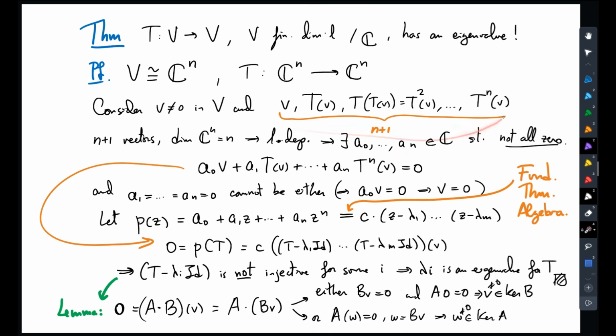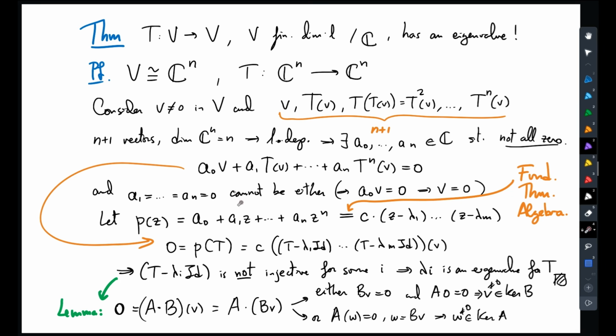Now, this is n plus 1 vectors, and C^n is an n-dimensional vector space over the complex numbers. These are n plus 1 vectors, so they have to be linearly dependent. That means that there are some coefficients, a0 through an, complex numbers, not all 0, that give me a linear dependence among these vectors. Okay?